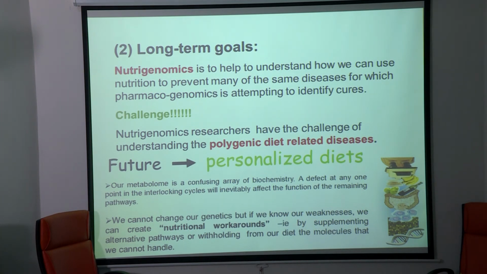We cannot change our genetics, but if we know our weaknesses, we can create nutritional workarounds, right? I cannot change my genes, but with what I'm going to eat, I can create those workarounds by supplementing alternative pathways or withholding something from my diet so that my body can handle the disease disposition which I have.